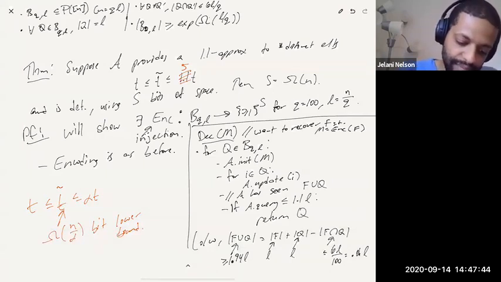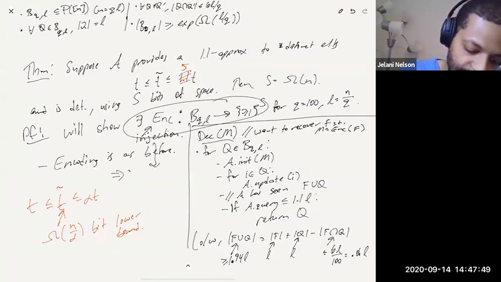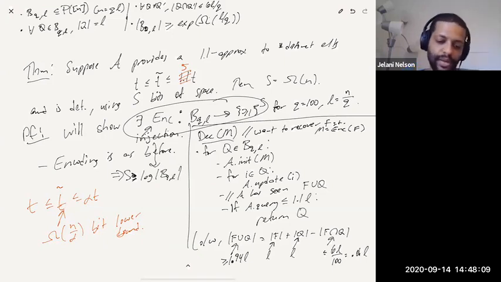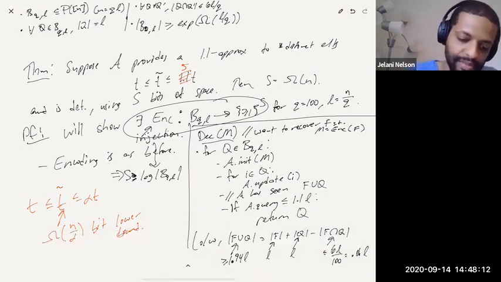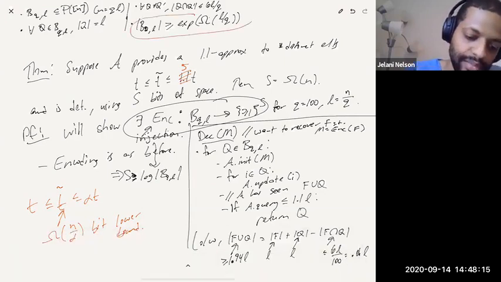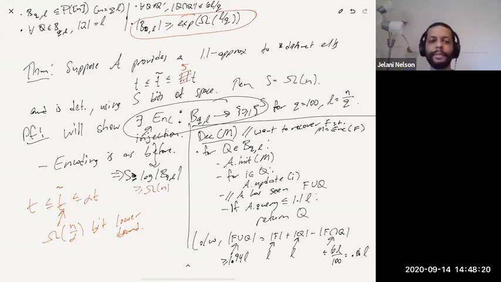There exists this injection that implies that S has to be at least the logarithm of the size of BQL, which, by the guarantee that I wrote up here, is at least omega n. Okay.